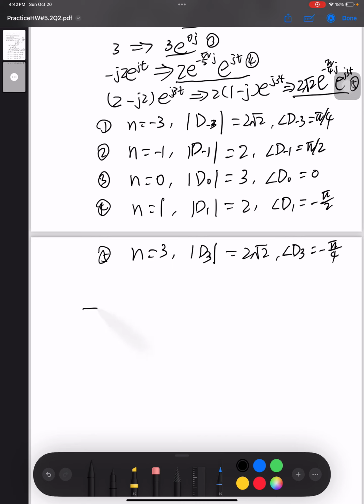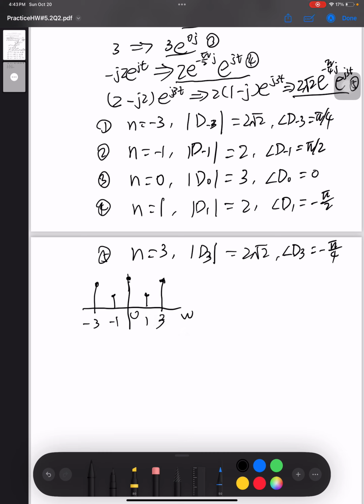First one is about the amplitude. Amplitude like this, and 3. This is just symmetric. It's minus 3, minus 1, 0, 1, 3.